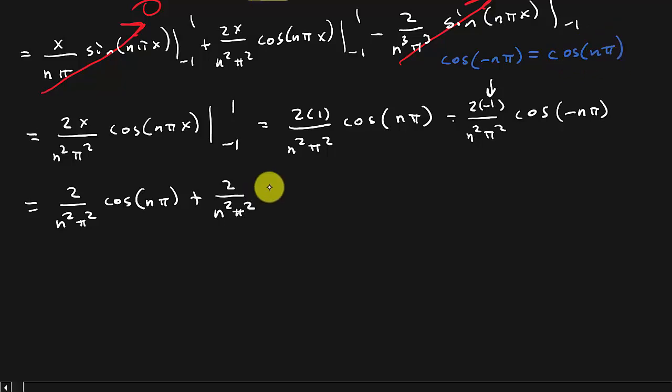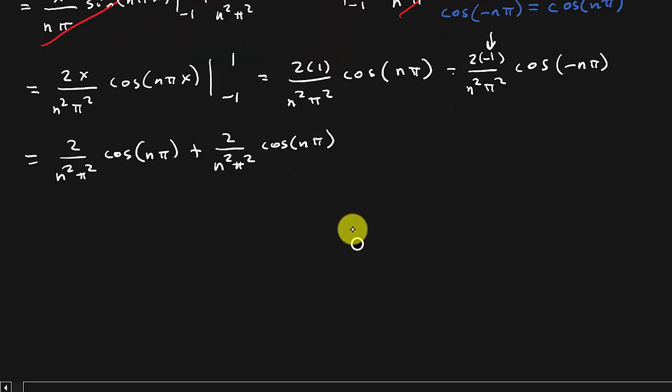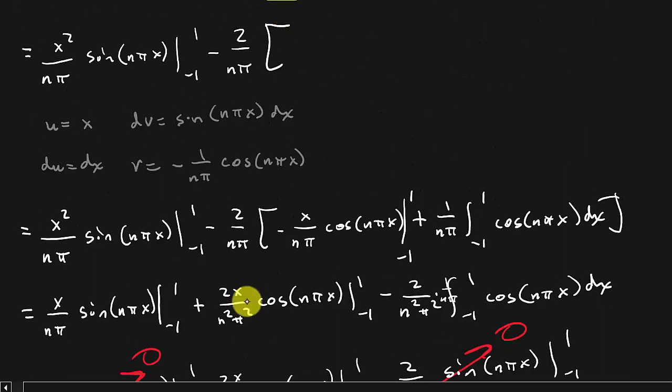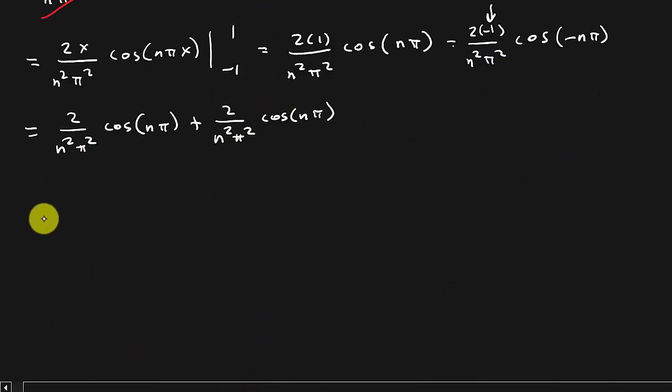So we can write this as cosine n pi. That's your negative angle identities from trig. So we're finding a sub n, not b. So we get a sub n, well, we can add those two together. That's 4 over n squared pi squared cosine n pi.